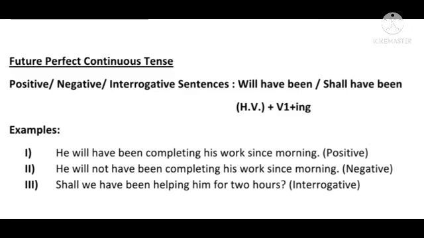Since, as I have told you, is used with point of time, like since yesterday, since morning, since childhood, since 4 o'clock, since 5 o'clock, since 1947, since Monday, and for with period of time: for 20 days, for 10 days, for 5 hours, for 6 years.